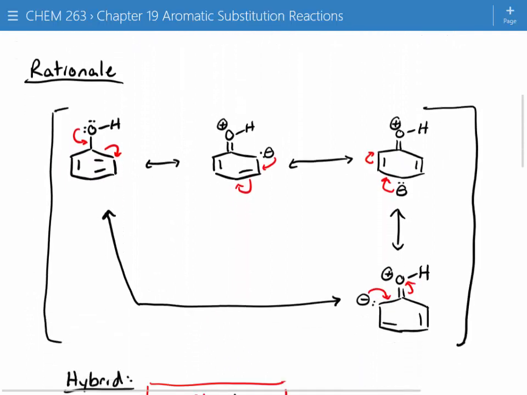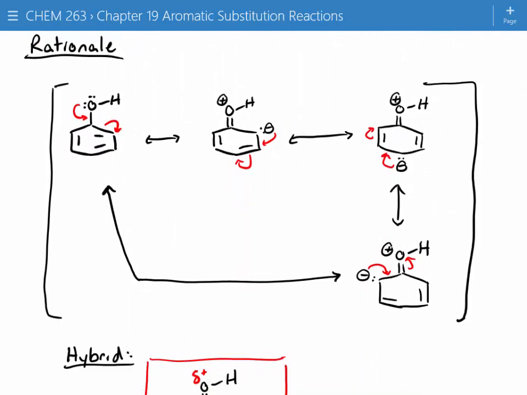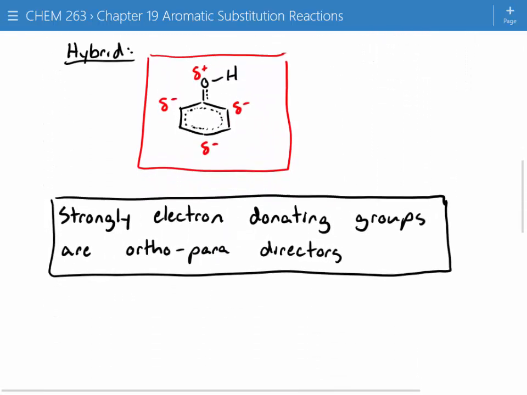And then we said we could rationalize this by drawing out all the resonance structures for phenol as an example. And when we do this, we get a hybrid structure where we've got partial negative charges on the ortho and para position. So in particular, benzene rings that have electron donating groups are ortho para directors.